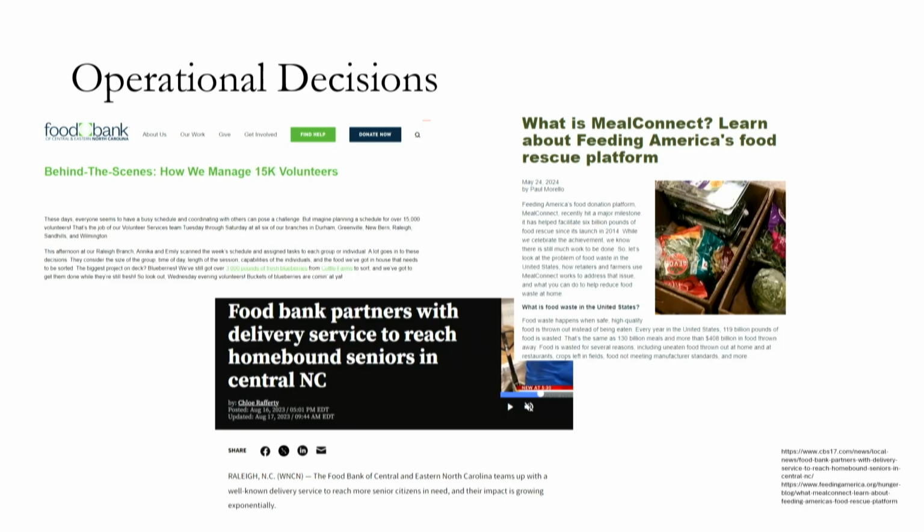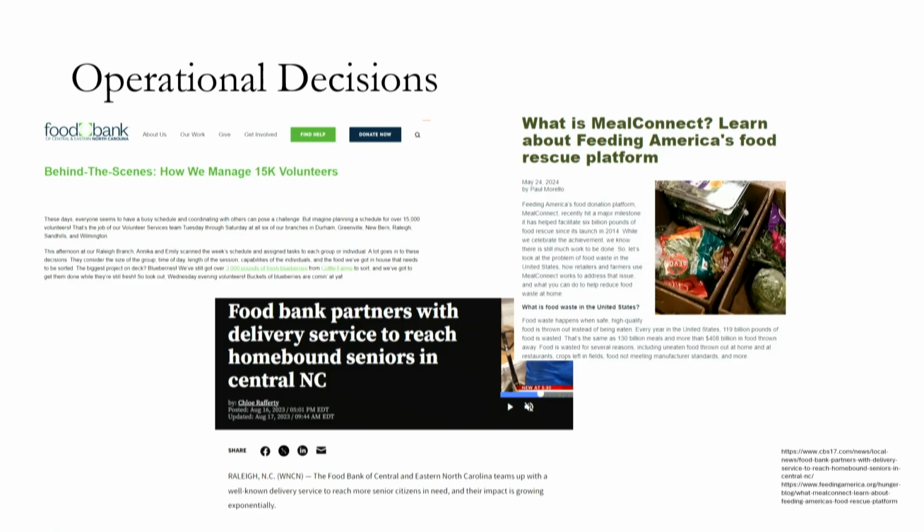And lastly, here I want to talk about this app, Meal Connect. Feeding America launched this app in 2014, and it allows food banks to participate in food rescue, which is different than the regular bulk donations that they receive.